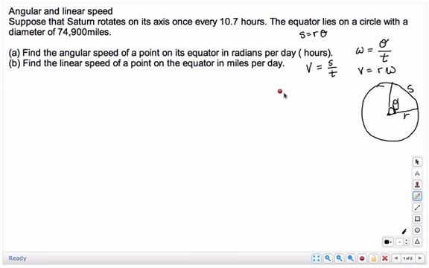You're going to see I'm saying angular velocity out of habit. In ALEKS they're asking for the angular speed, but when I say speed or velocity, we're talking about the same thing.